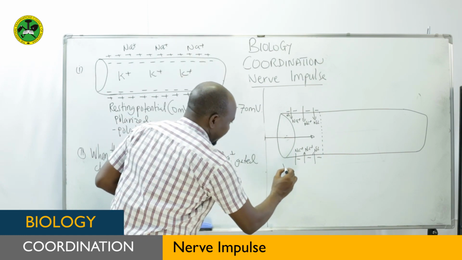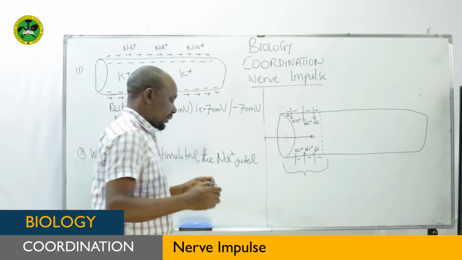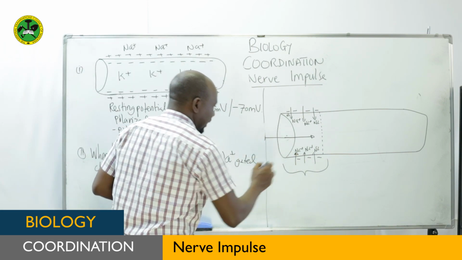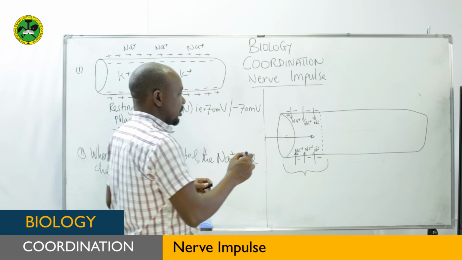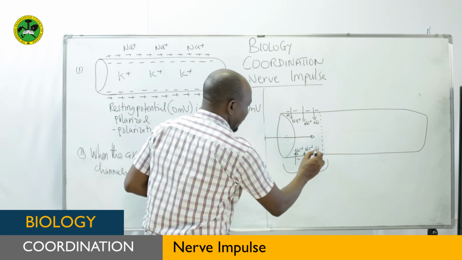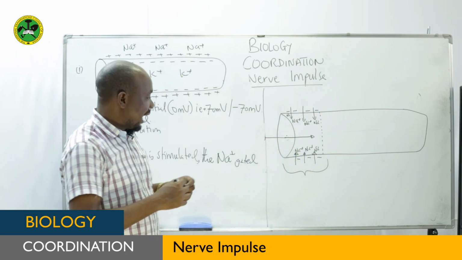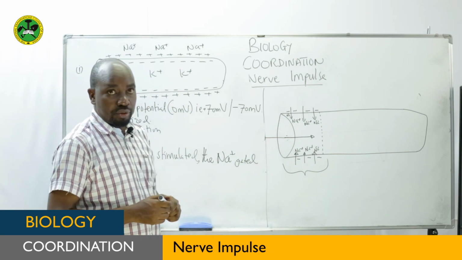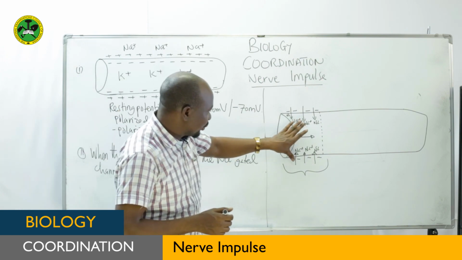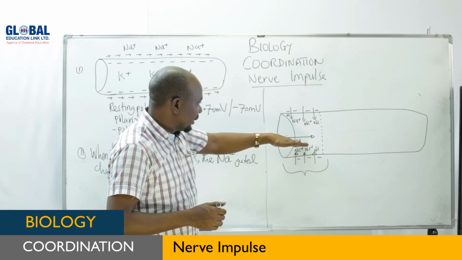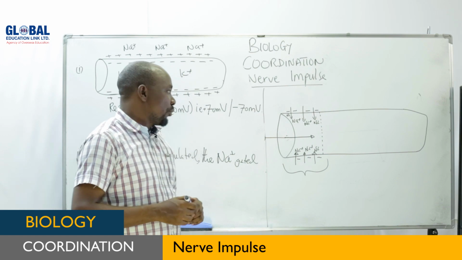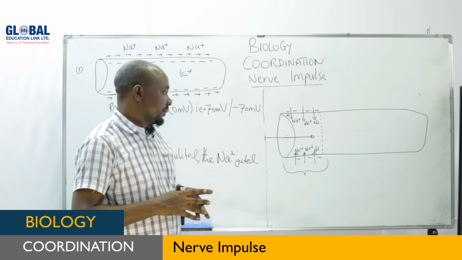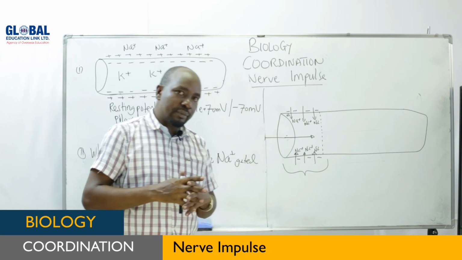So here, the membrane now is depolarized. It is depolarized simply because the sodium ions have now rushed into the axon plasma. So in this situation, the axon inside is now positively charged. There are many cations due to the influx of sodium ions.